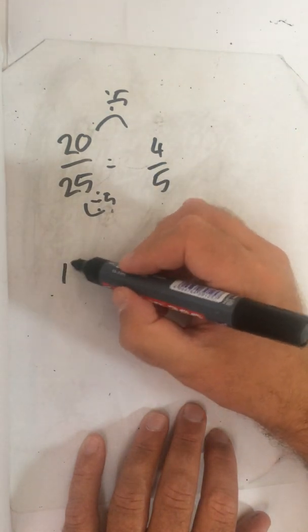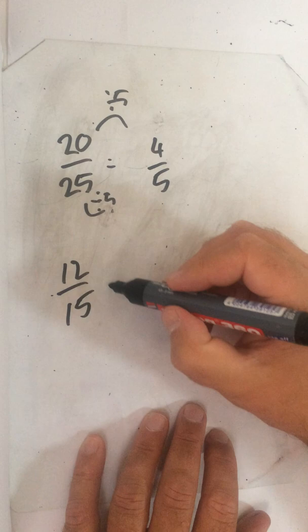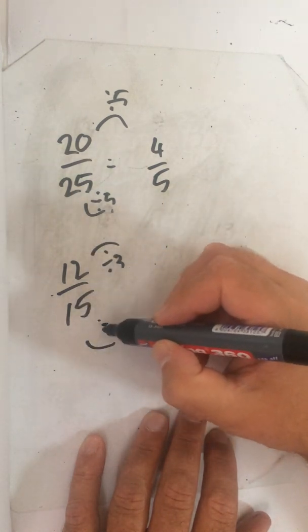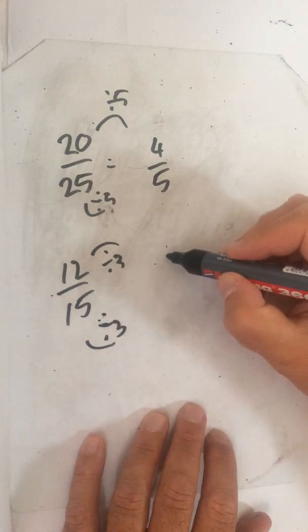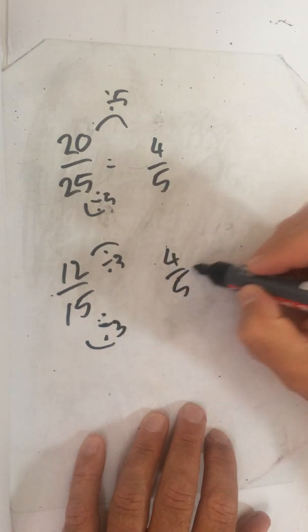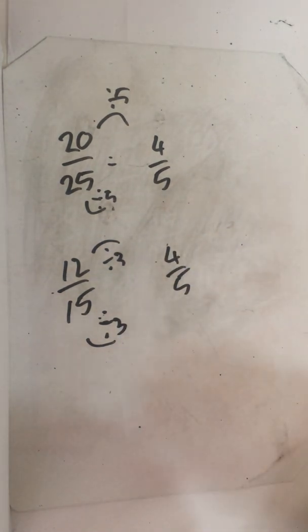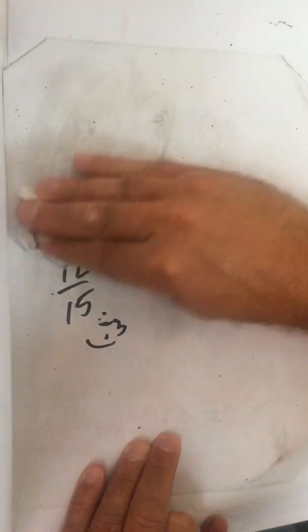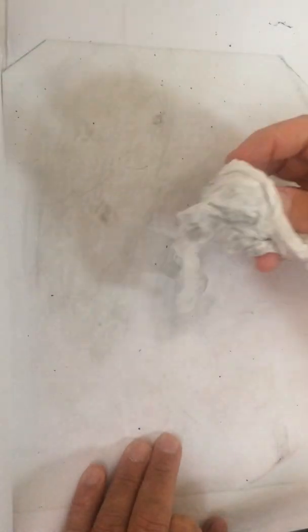And if you got 12 out of 15, 3 goes into them both, divide by 3, divide by 3, so we've got 4/5 again. Okay, so remember, simplifying is just putting it into its lowest form. Okay, again, we've done quite a lot of that not all that long ago. So simplify into the lowest form.